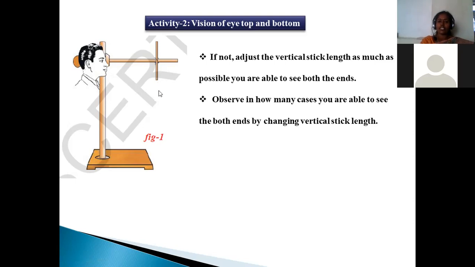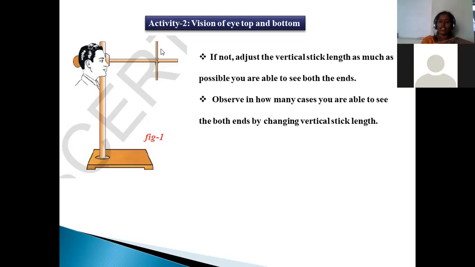If he is not able to see the top and bottom of the 30 centimeters simultaneously, we have to replace the pipe with a new one of 25 centimeters. By reducing the length, if he is able to see top and bottom at the same time, it is very clear what extent of angle he is able to observe in a single vision, right?